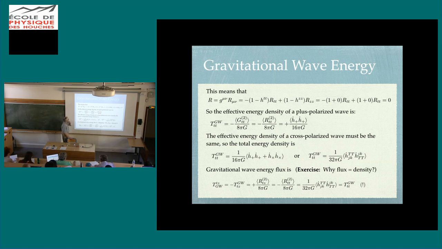So the effective energy density of a cross-polarized wave must be the same. It's a little hard to figure out with the diagonal metric matrix, but it's got to be the same just because it's 45 degrees rotated, so it can't be any different.